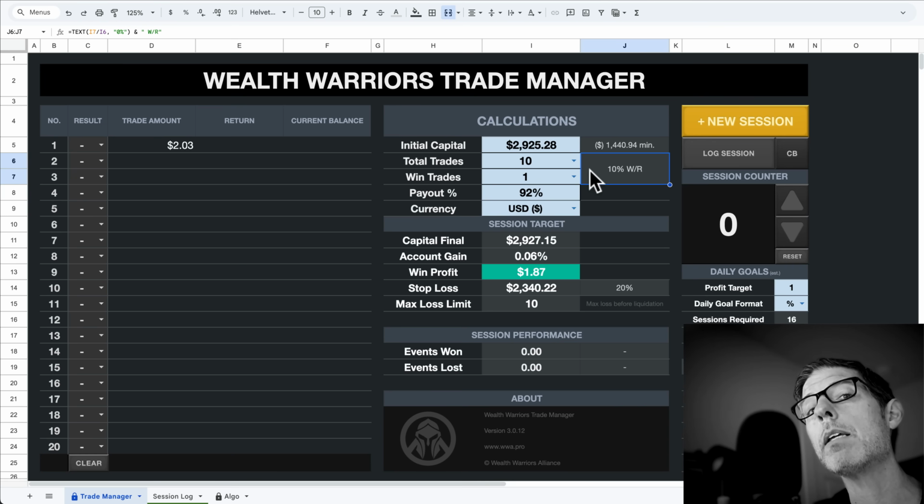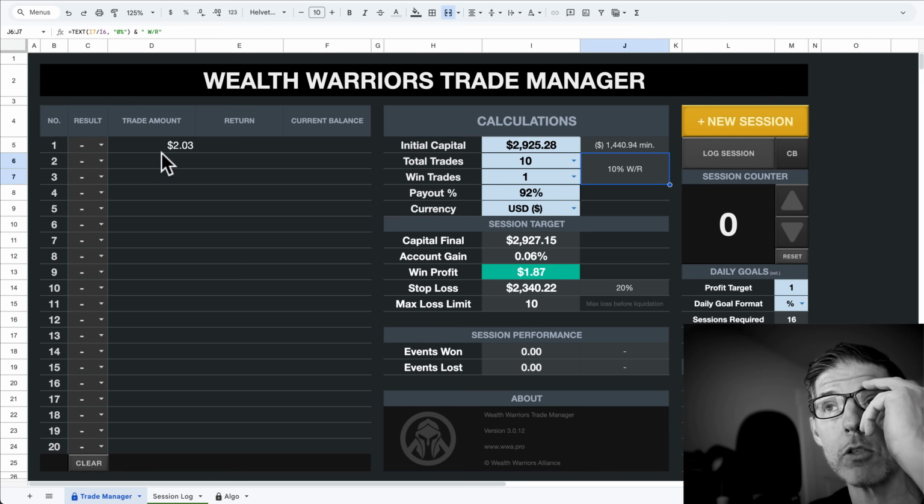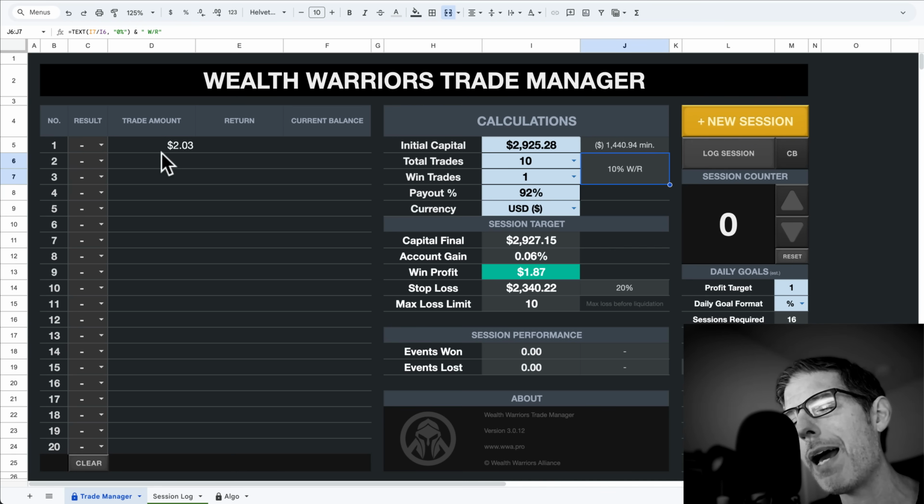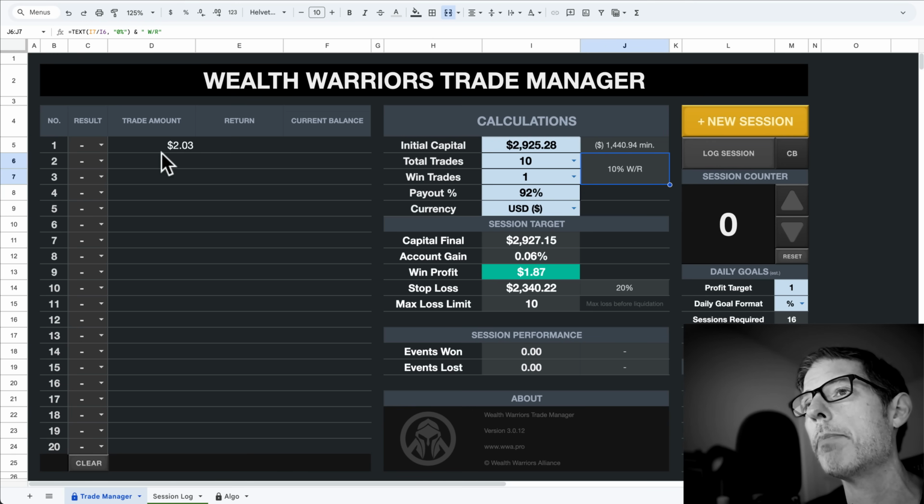It's going to give me the next trade. And so the first trade amount here is going to be $203. Now, it might seem kind of small at first, but guys, don't panic and don't worry, okay? You'll make your money. It's just going to be a little bit slower, right? Instead of getting rich quick, maybe we can get rich slow, which is, I think, a lot better way to go about it, right? So let's just go ahead and jump in here.